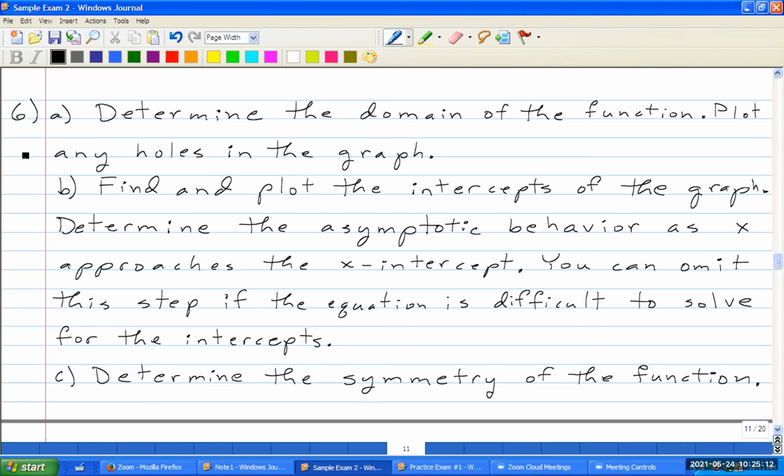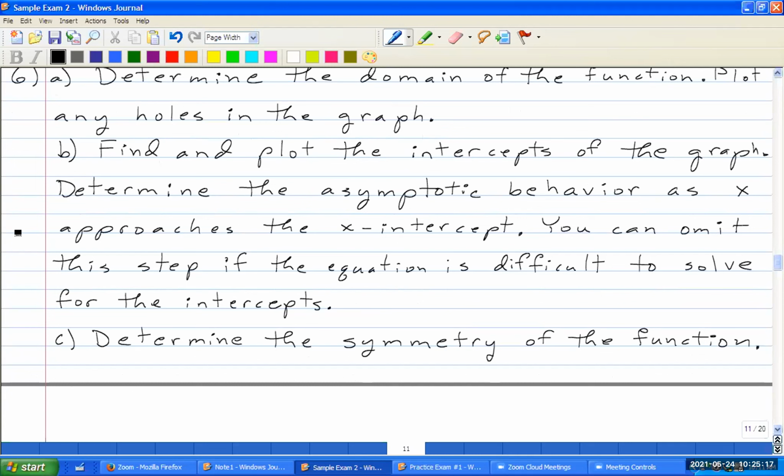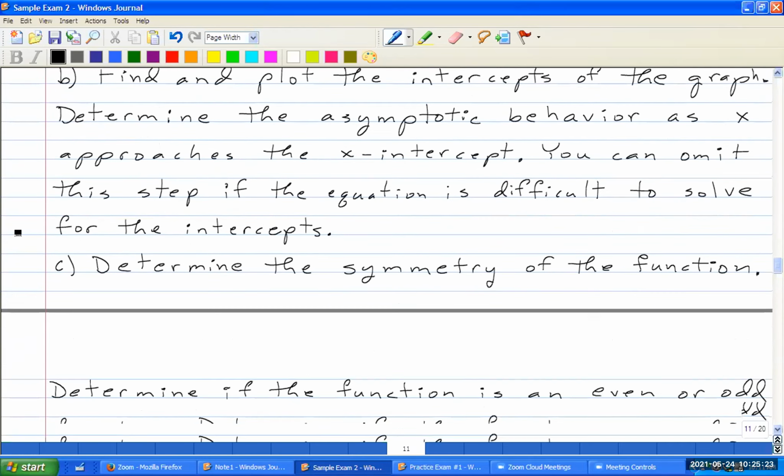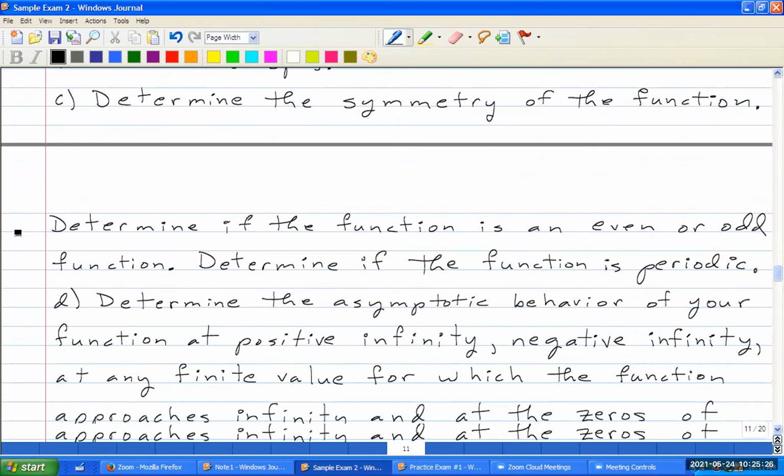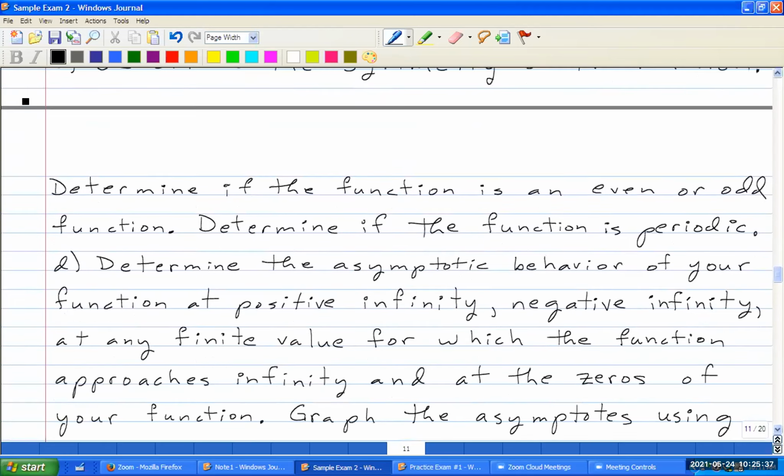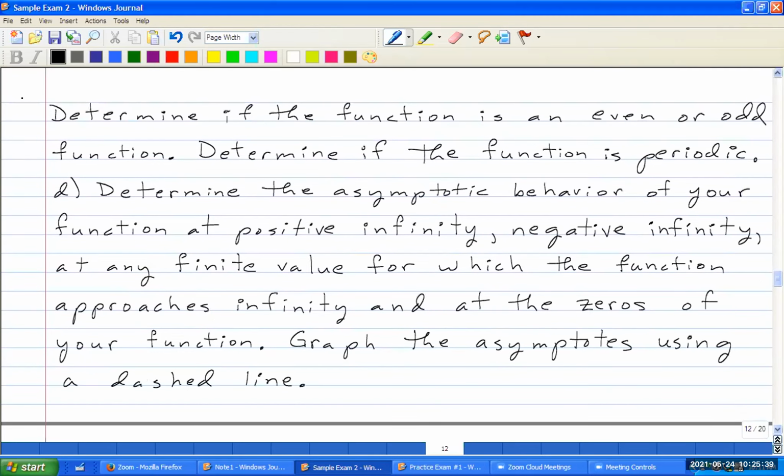Determine the asymptotic behavior as x approaches the x-intercepts. You can omit this step if the equation is difficult to solve for the intercepts. C. Determine the symmetry of the function. Determine if the function is an even or odd function. Determine if the function is periodic.